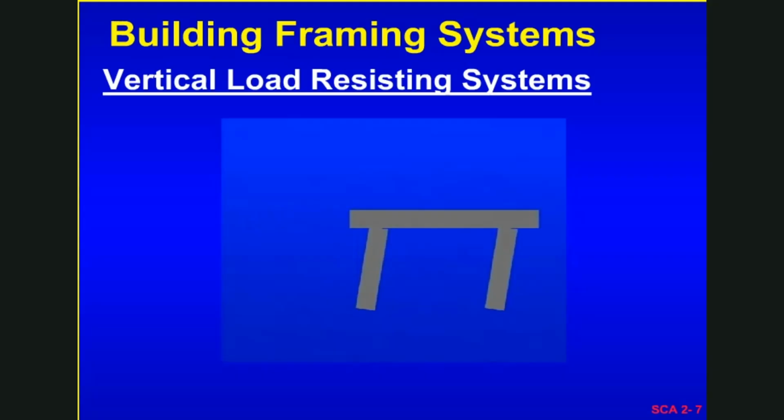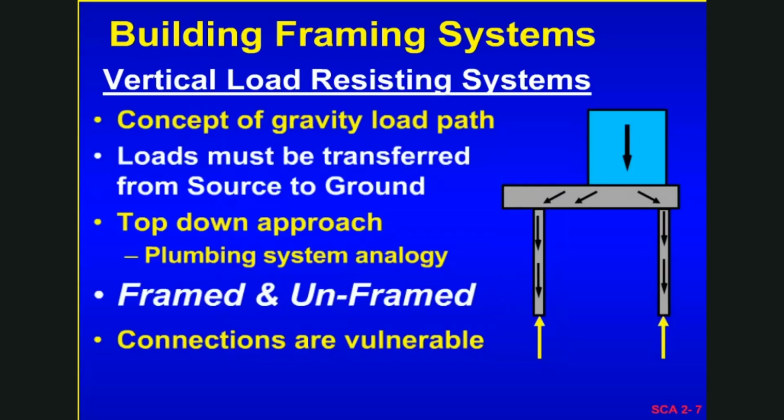But the vertical loads have to be resisted and basically collected, carried out through the members, and the load safely brought down to the foundation. The elements in the building that collect this vertical load are roof systems and floor systems. They'll transfer the load out to beams that support the floors and roofs.